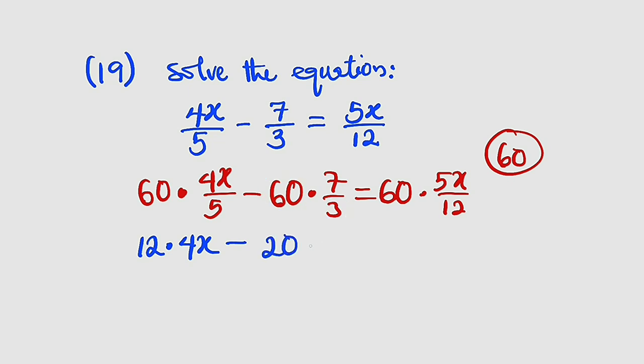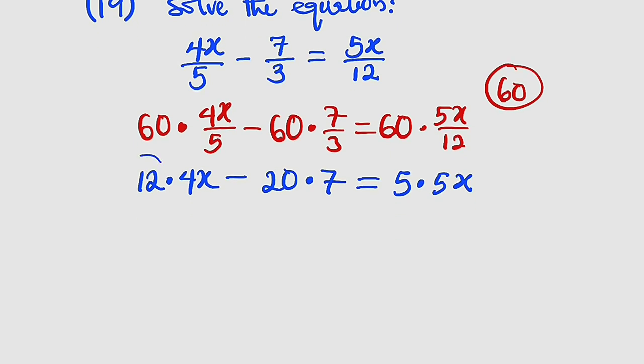So we have 20 here multiplied by 7. This is equal to 12 can divide 60 exactly 5 times. So we have 5 multiplied by 5x. 12 multiplied by 4 will give us 48x minus 20 multiplied by 7 is 140. And this is equal to 5 times 5 is 25x.